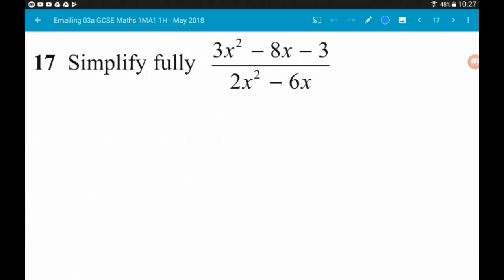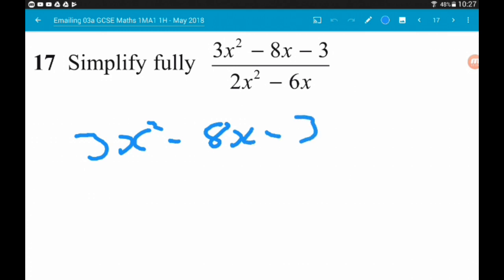So starting with the top, 3x squared minus 8x minus 3. This is certainly a harder quadratic because we have a number attached to the x squared term at the start. I've got a really nice method to factorise these.